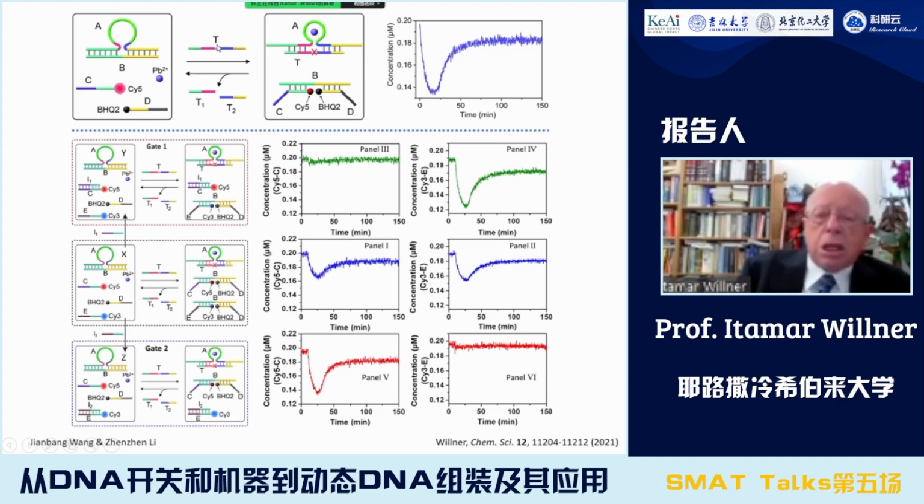In the presence of the trigger, we separate this duplex, and the separation generates this new duplex, the hairpin with T, and the released strand B brings together the two scaffolds to generate an intermediate where the fluorophore Psi5 is quenched by BHQ2.